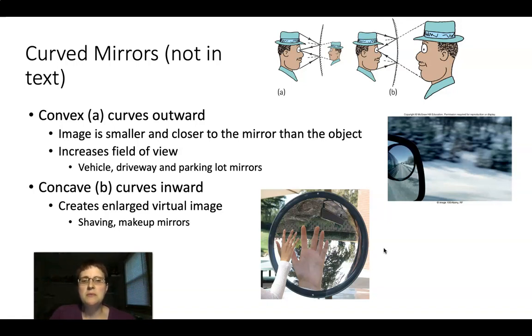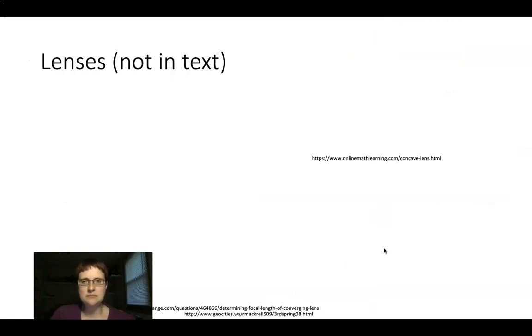There are also some optical illusions that are based on using convex and concave mirrors out there, so you can take a look and try and find some of those.